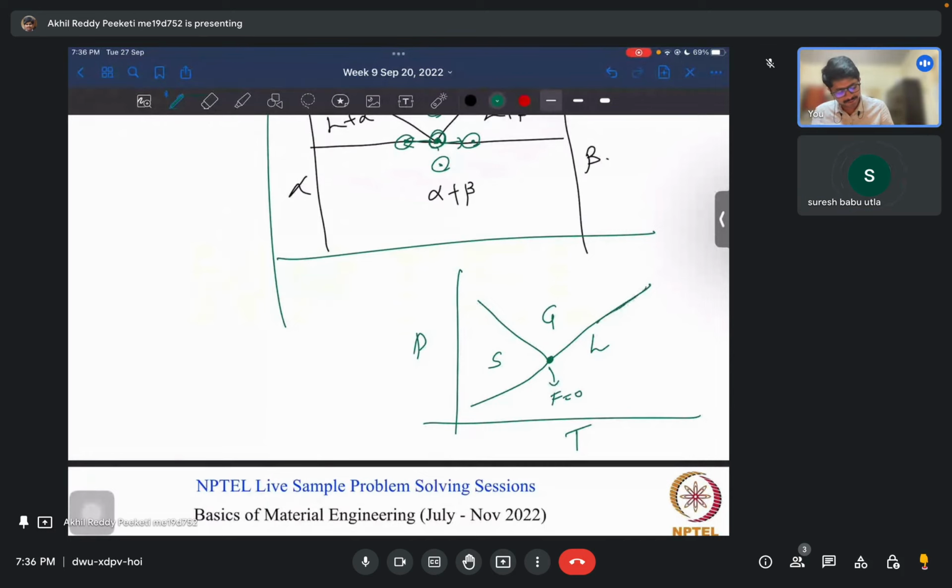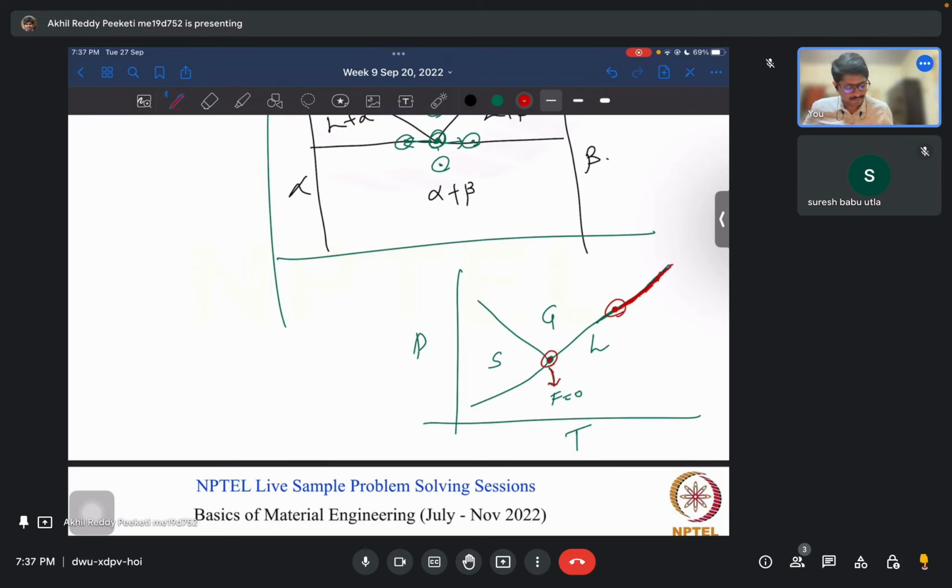But let's say you are at this point. You are here. Now you can change temperature and pressure so that you can still be on this line, right, Suresh? So you will still have gas and liquid at equilibrium, but you can keep changing the temperature and pressure such that you are on this line.